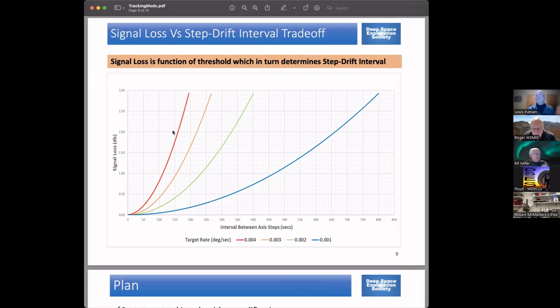Yeah. And the target rate, from the previous slides, is what the object's moving at, right? So that's going to be whatever it's going to be. That's correct. You have no choice but that.